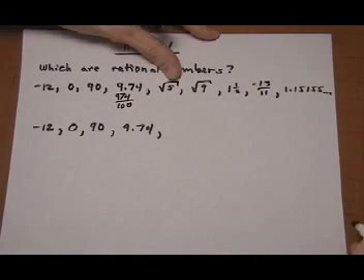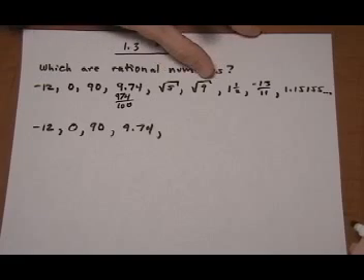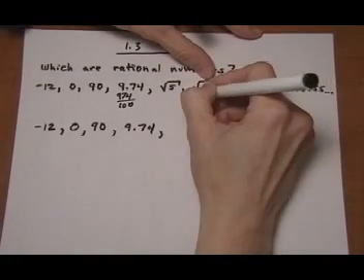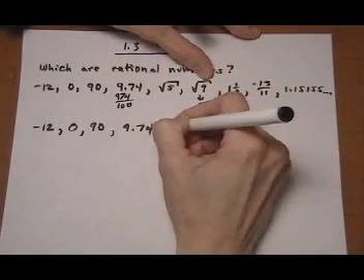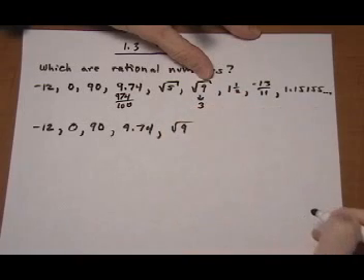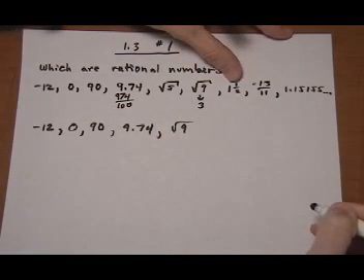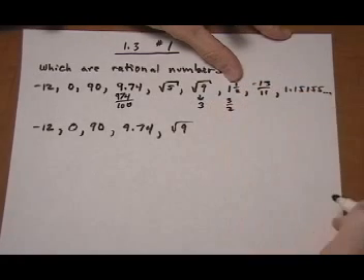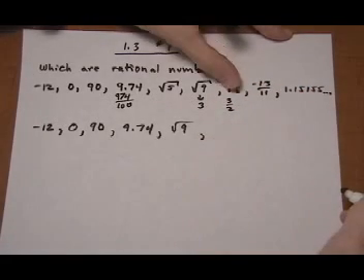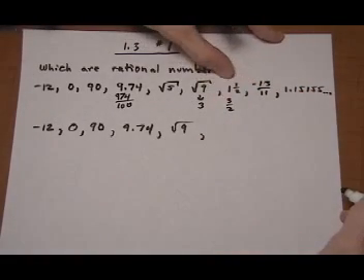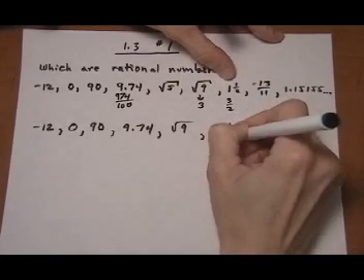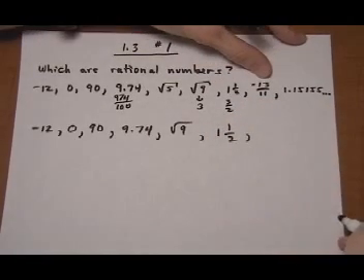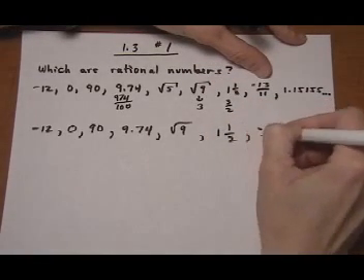Root 5, non-perfect root, not rational. Root 9, yep, that's just a 3. So root 9 is a rational number. 1.5, well, 1.5 is the same as 3 halves. So any mixed number can be rewritten as a ratio of integers, so it's rational. Minus 13 over 11, that already is a ratio of integers.